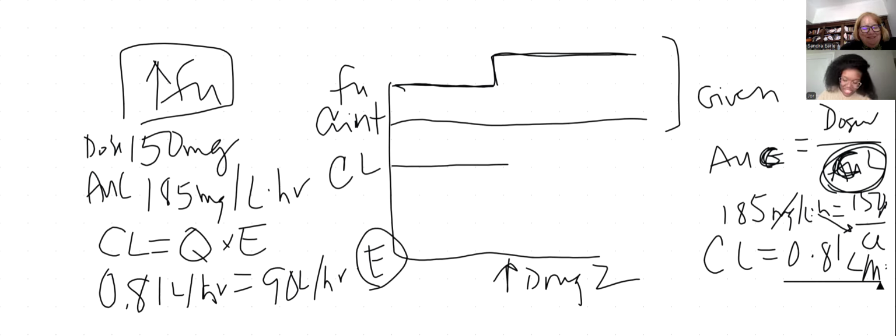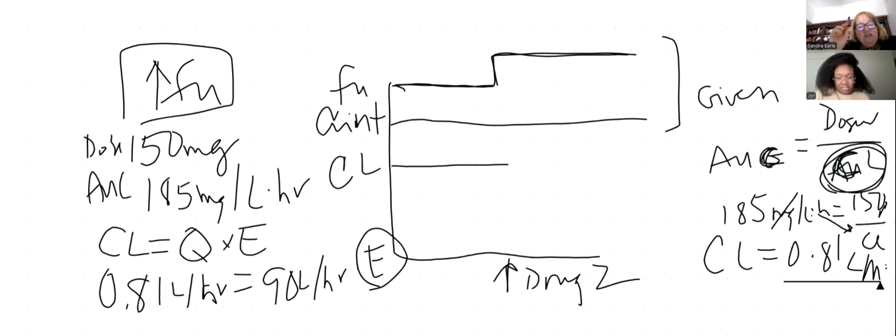It can get confusing. Oh wait, 90 times E. Hold on. We're going to solve for E, so you divide 0.81 by 90. I have 0.009. Very good. Remember, E goes between 0 and 1.